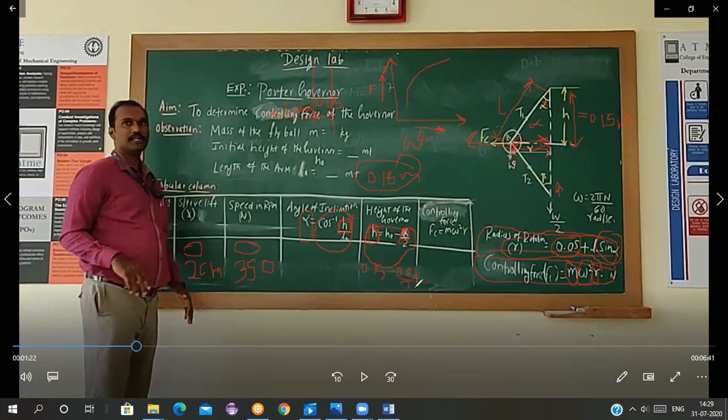So 0.15 minus 0.02 upon 2, this value you have to put it here in the value of alpha. L will be 0.18 here. And you will get the value of alpha. You put the value of alpha in the formula of radius of rotation, and then you find out the controlling force. Can you all do this, students?